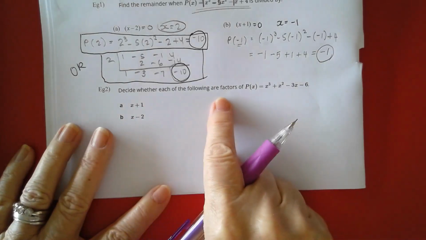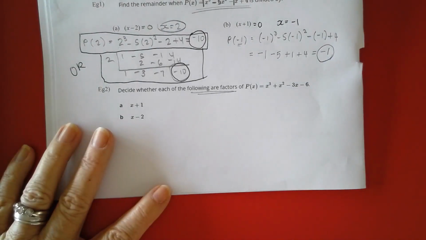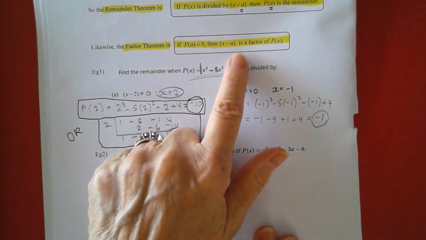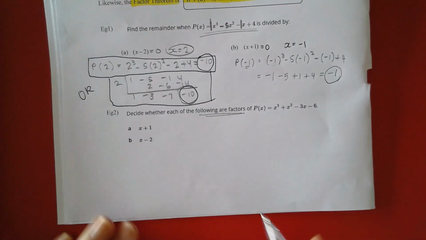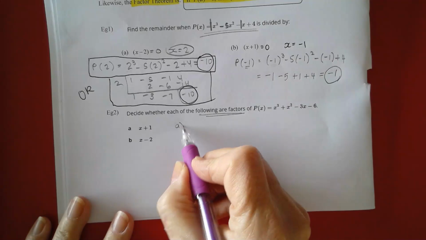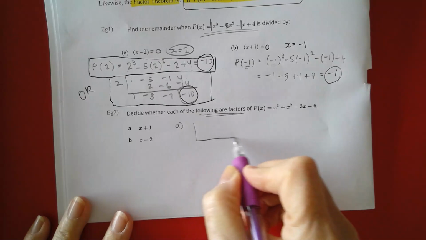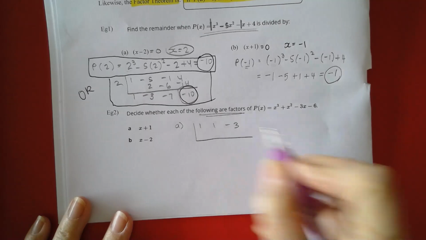Decide whether each of the following are factors. Now, what do I have to have for it to be a factor? Nice. The remainder has to be 0. Right? The remainder has to be 0 for it to be a factor. So I'm going to try dividing that. 1, 1, negative 3, negative 6.